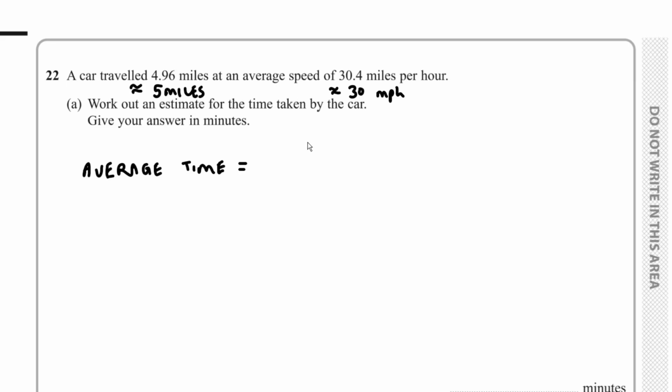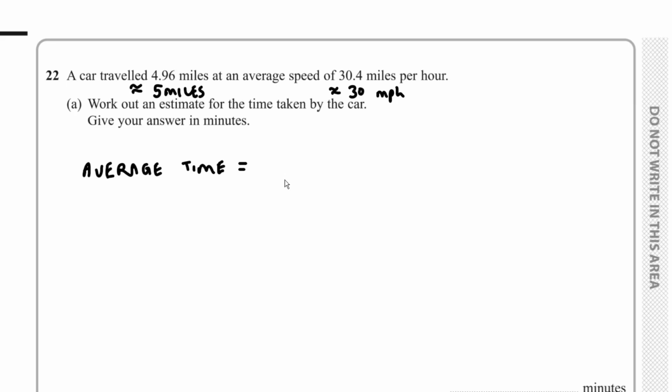that's approximately equal to, well, we've got speed equals distance divided by time. So that means time is distance divided by speed. So we've got over here 30 as our speed.